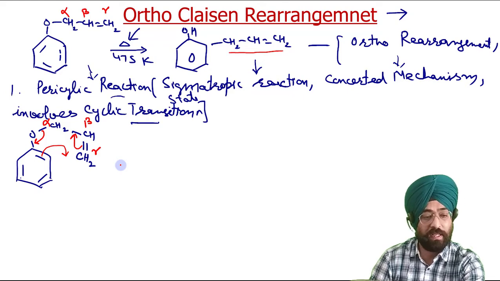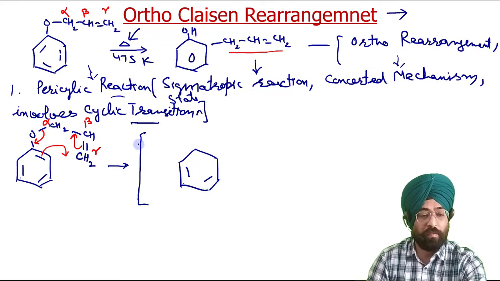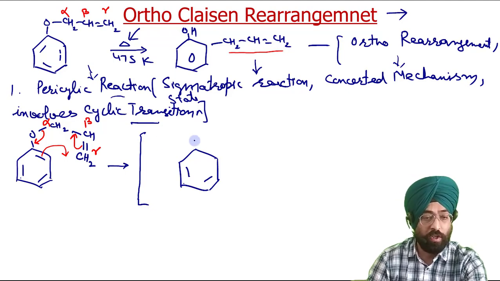Now I will write the transition state obtained in this reaction. So this will be our transition state here. Now there is no change here because the reaction is just taking place this side. Now the bond which is forming and bond which is getting cleaved, that I will show with the red color.